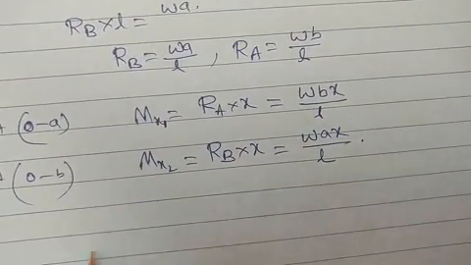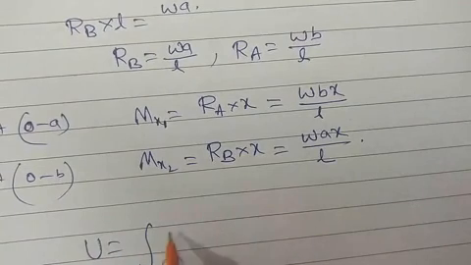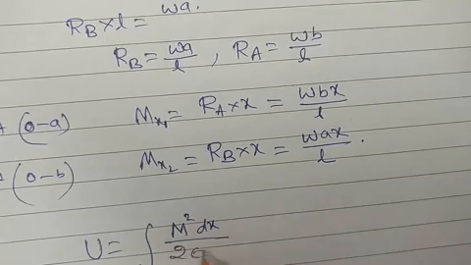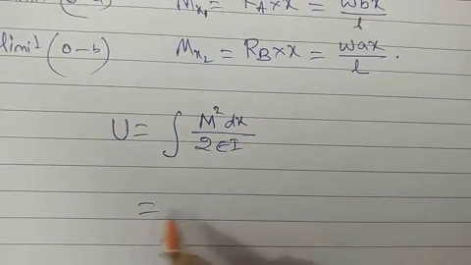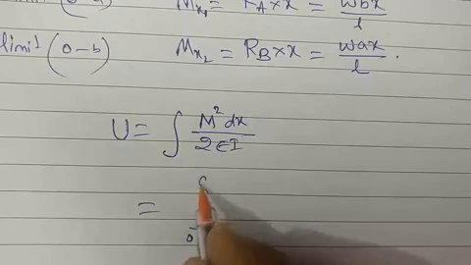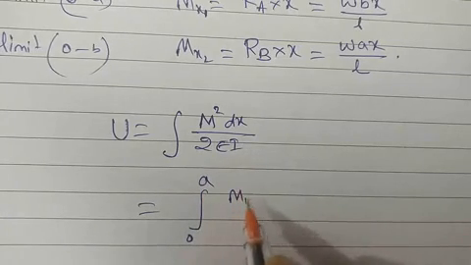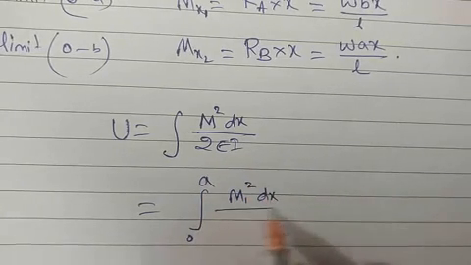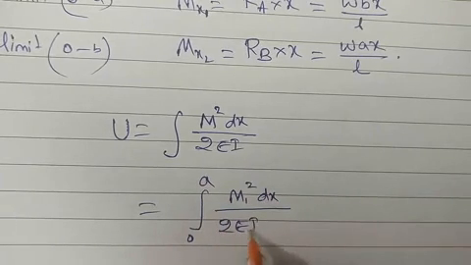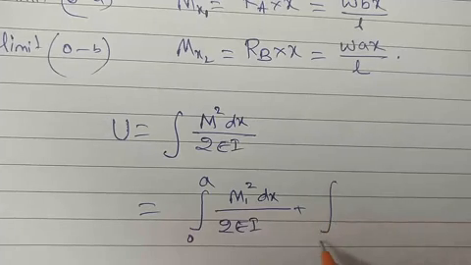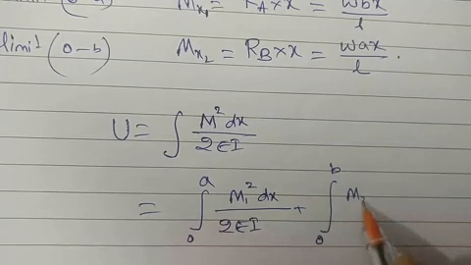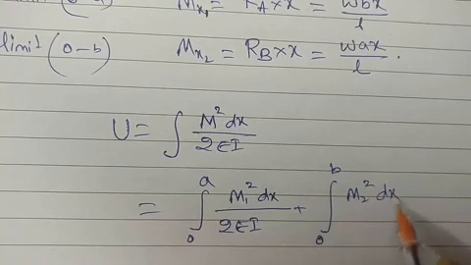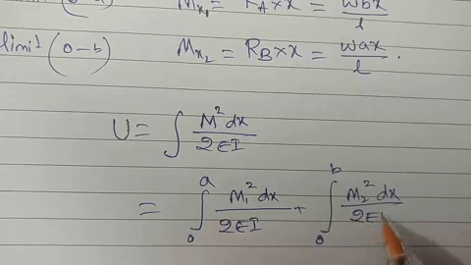Now U is equal to integration M square dx by 2EI. So we have to do here in parts. That is, first limit it is 0 to A, M1 square dx by 2EI plus 0 to B, M2 square dx by 2EI.